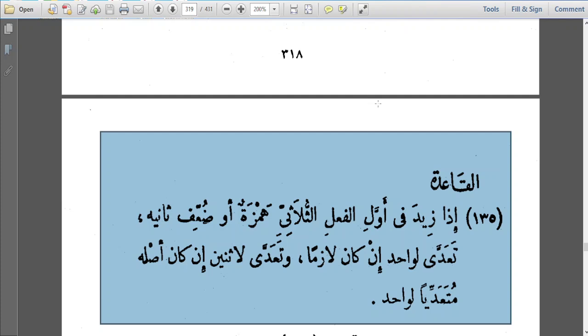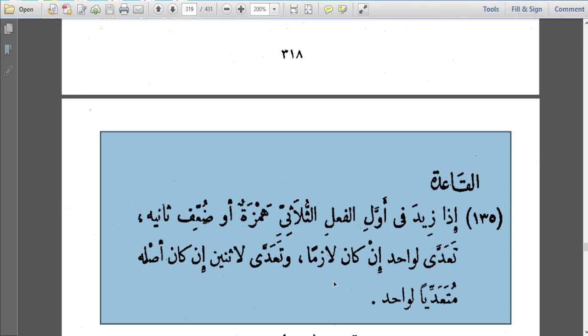If hamza is added in front of the verb, or the second letter, which is the عين الفعل, is made double by adding shadda, تعدى لواحد, it calls for one مفعول به, إن كان لازما, if it was already a فعل لازم.